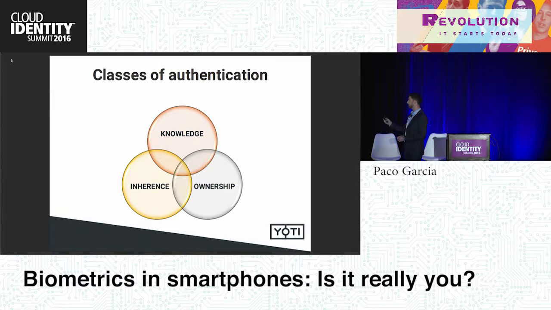But the problem with the next one, inherence, is that it's not that clear. That line is a bit of a gray area, because inherence is about an intrinsic property of yourself. It's something that cannot be changed, and that could be a problem. It's both a blessing and a curse, because you don't forget your face, you don't forget your ECG, your pulse rate, you don't forget the way you walk.